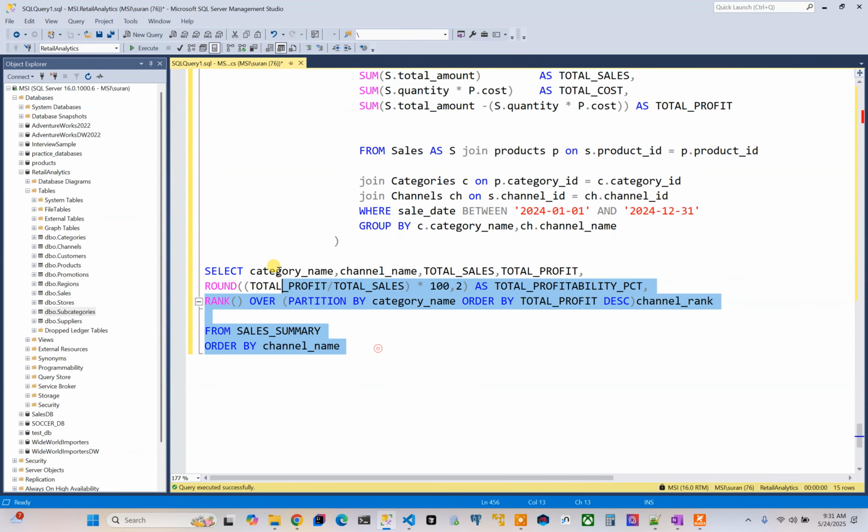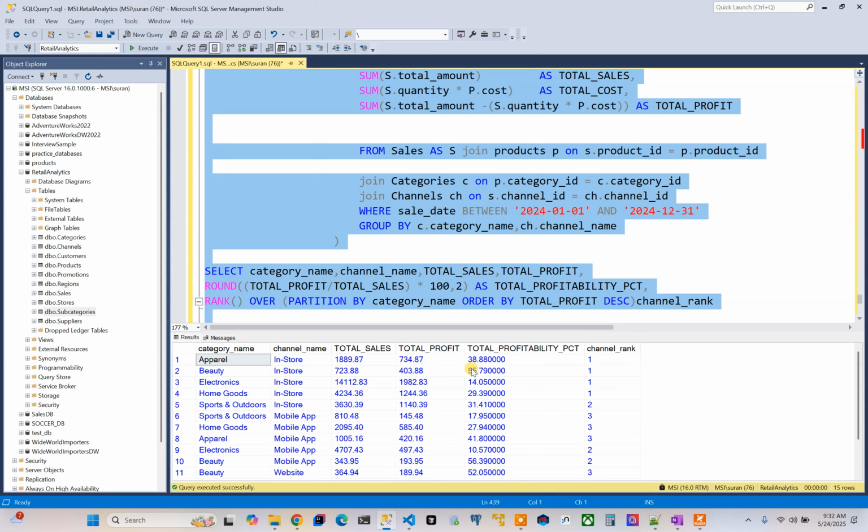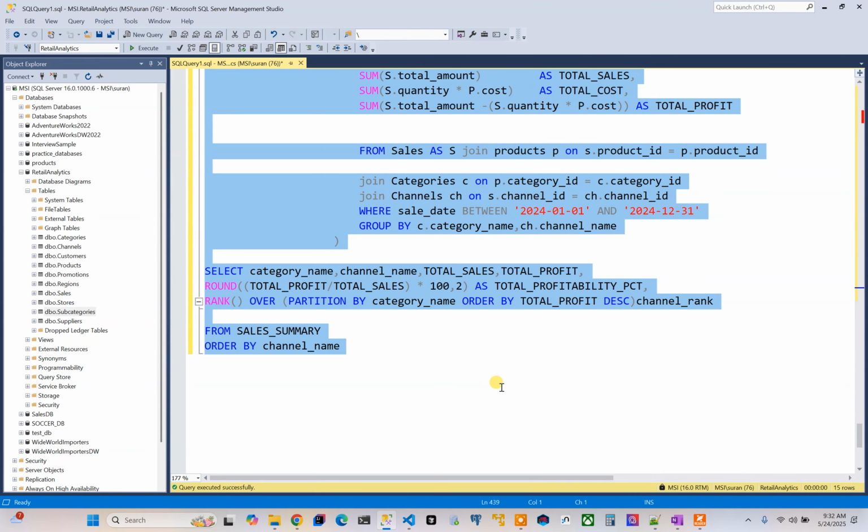Okay, now I will run it. So here you can see I have got total sales, total profit, what is the profitability, and channel rank. This channel rank is nothing but based on the category name in channels. Now if you see, this profitability percentage is in decimals. I want to round it to say 2.